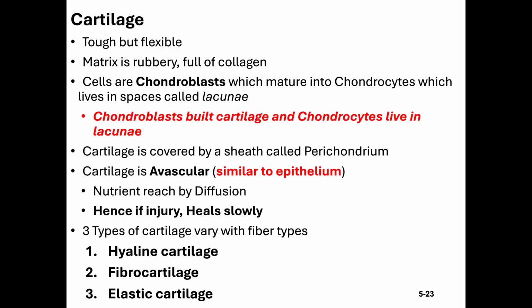Chondroma is a tumor of the cartilage. If you hear the word blast, that means it is producing the cells. So a chondroblast is a cell that produces cartilage. Osteoblast means it produces bone, osteo.